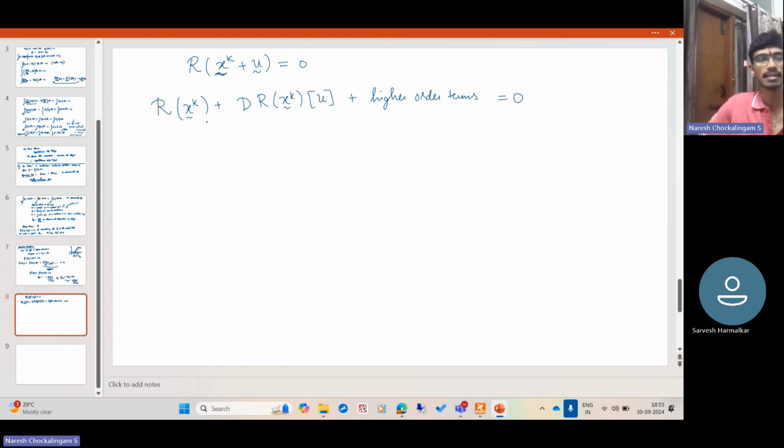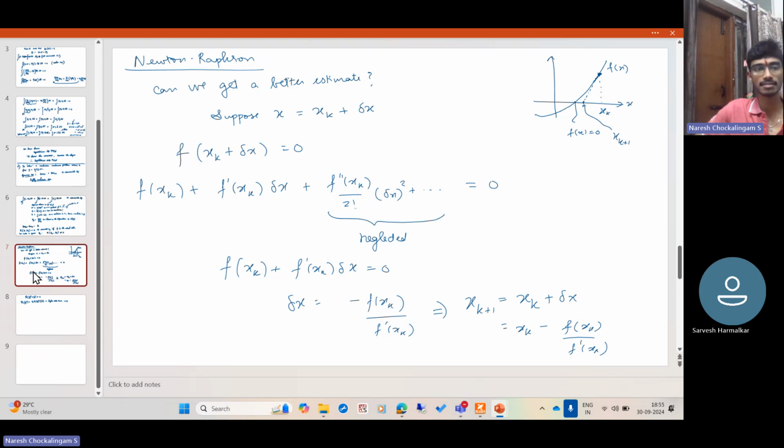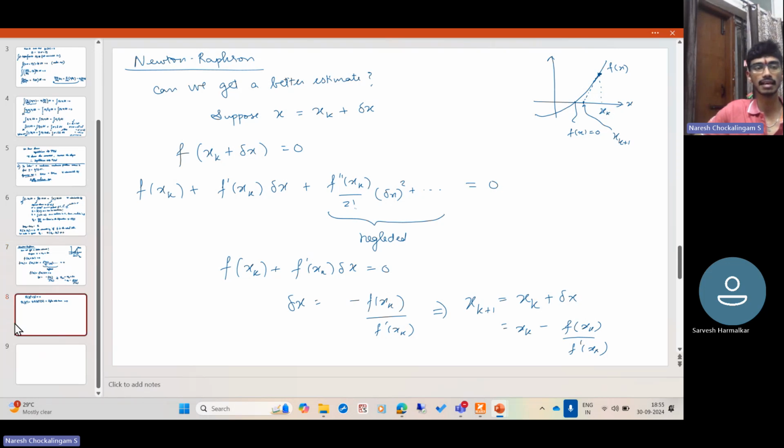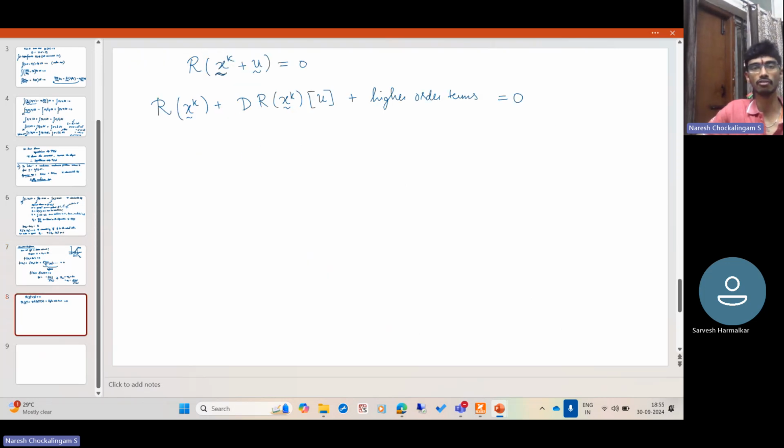So this is exactly the same as this. Only difference is the argument, the unknown is a vector. Here the unknown is a scalar, but the equation is still scalar here. So this is what we want to solve for.